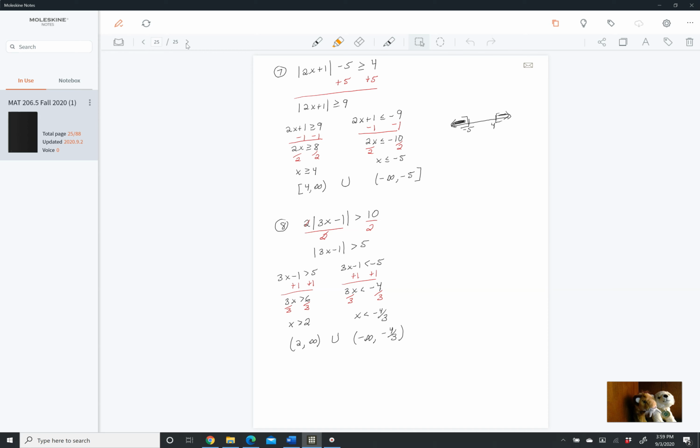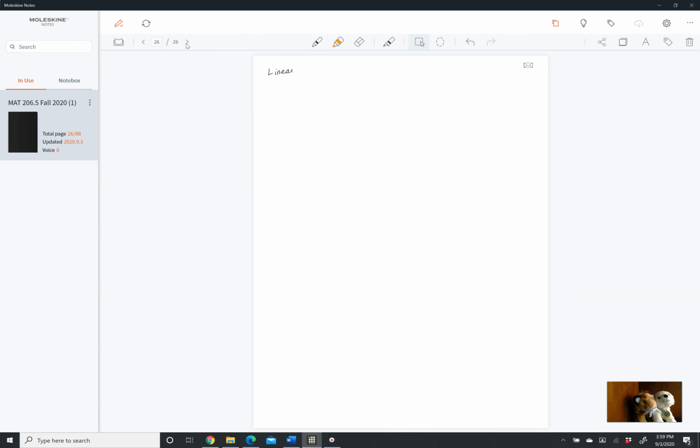So let's start with this idea of linear functions. So we've talked about linear equations, but now you're seeing this new word, function, here. So what is a function?